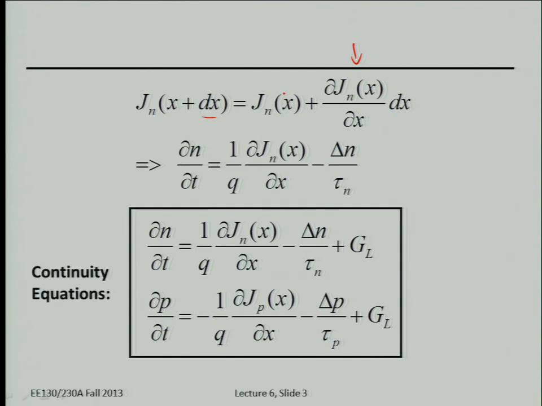Now, sometimes we can shine light. So for optoelectronic devices, we shine light on a semiconductor. So to be more generic, we should also include the case of generation of electrons and holes by light. So that's what G sub L is. G sub L is the rate at which electrons and holes are generated due to irradiation. Remember, electrons and holes are generated in pairs.